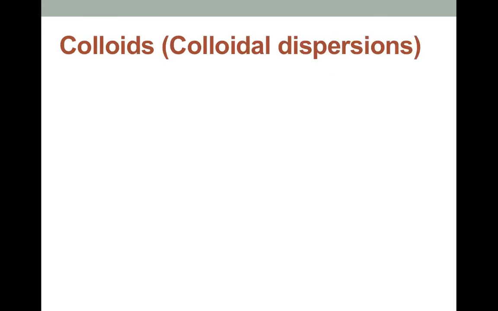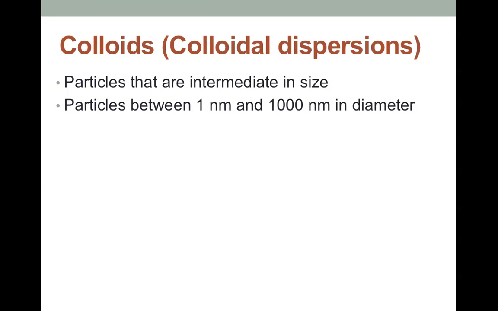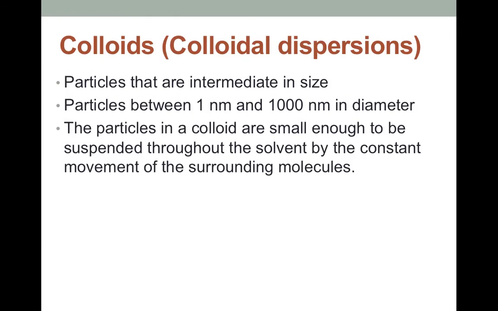Okay, so how about a colloid or colloidal dispersions, if we want to sound fancy? Okay, a colloid is kind of in between. Particles are intermediate in size. They're between 1 and 1,000 nanometers in diameter. They are small enough to be suspended, like a suspension, but they can stay afloat because of the movement of the molecules.